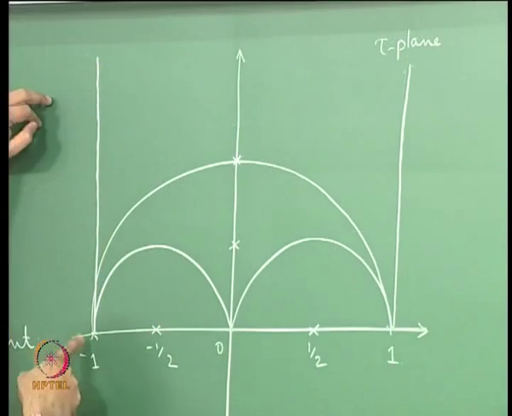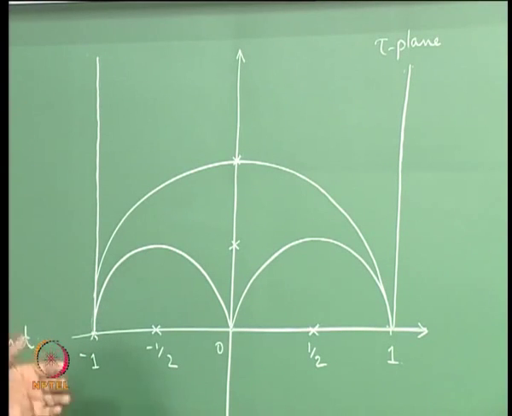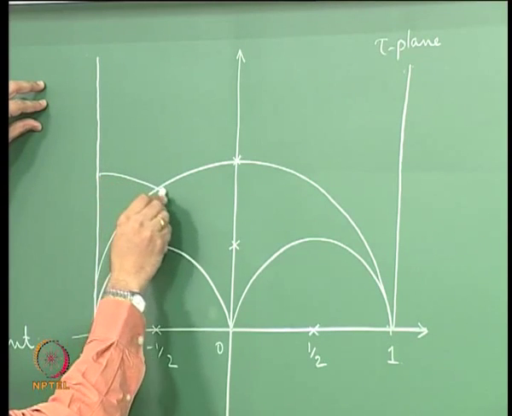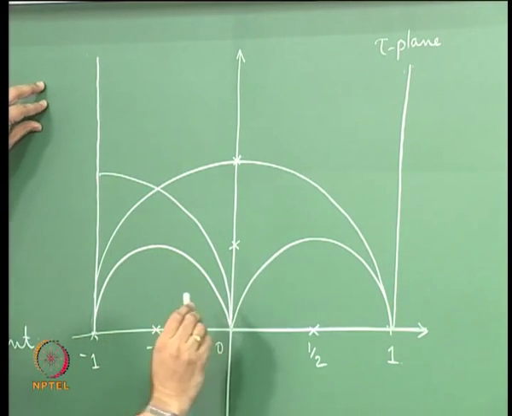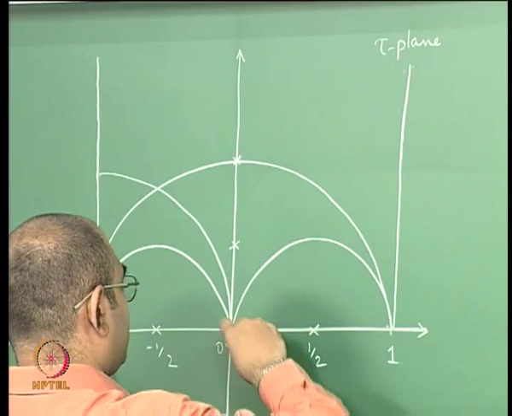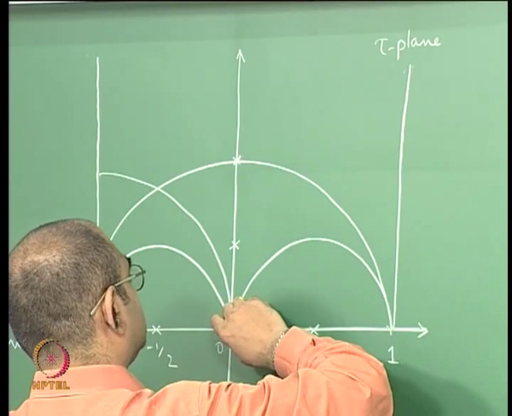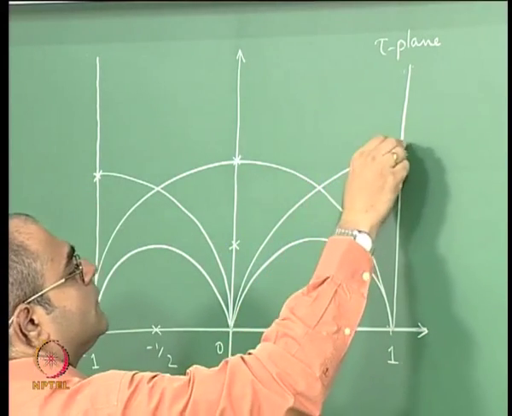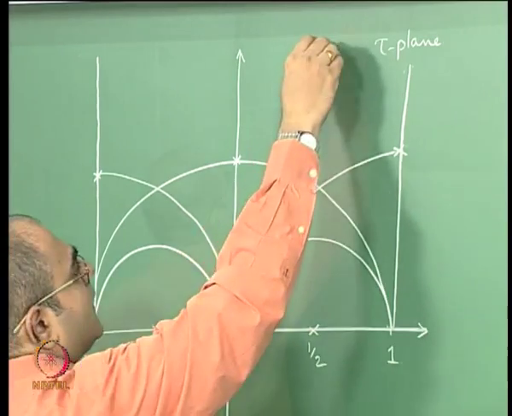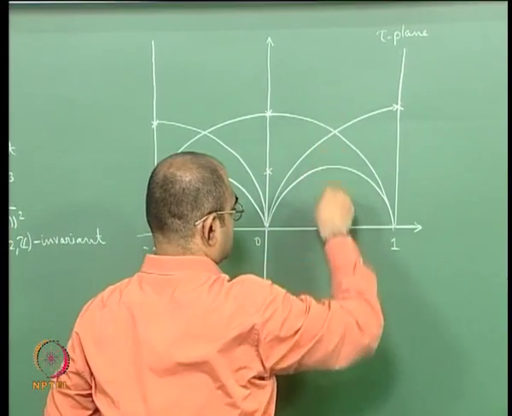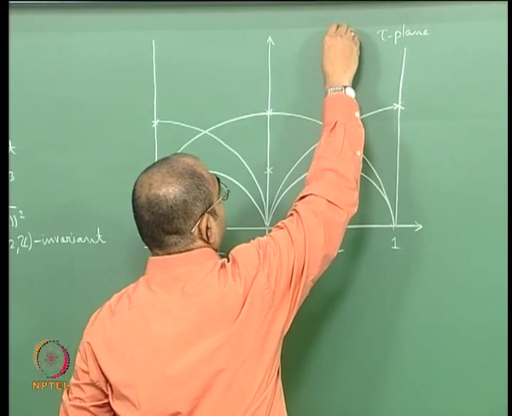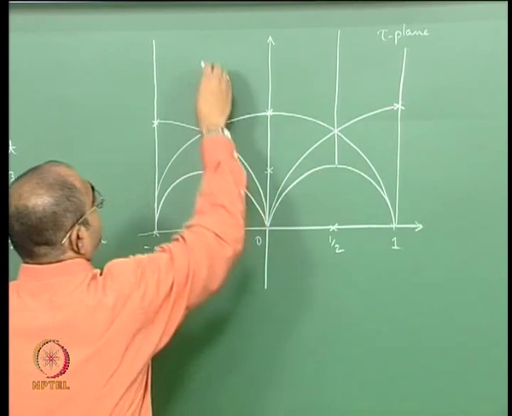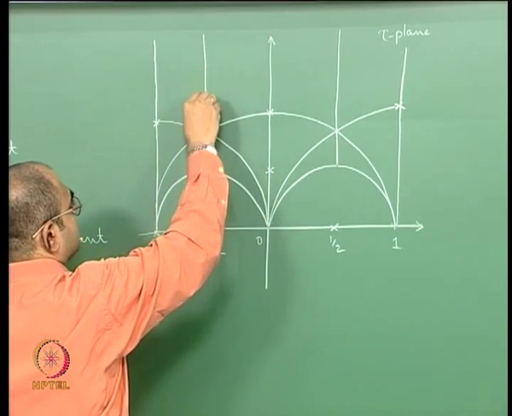So I have circles centered at minus 1, radius 1, so I'll get something like this, and a circle centered at 1, radius 1, that will go like this. Then I draw this vertical line passing through this point half, but I draw it only up to this, and similarly I draw another vertical line like this.